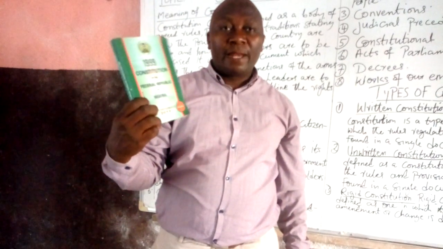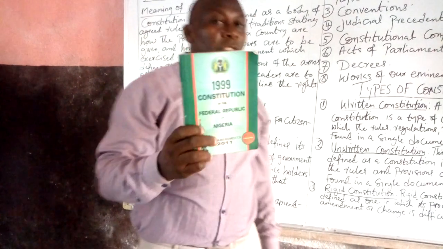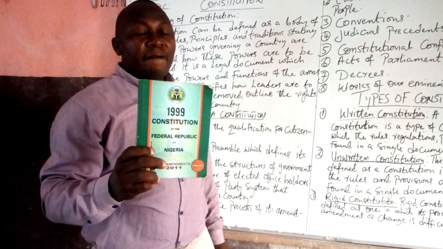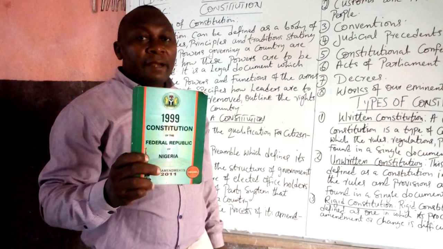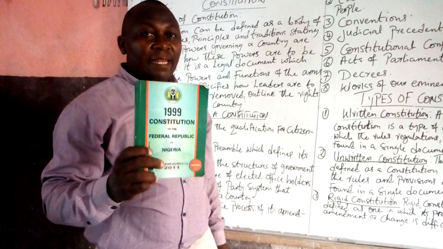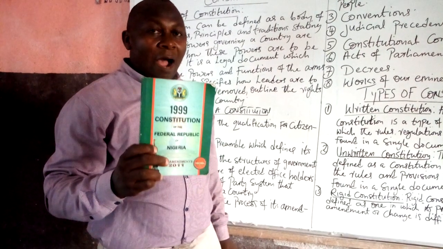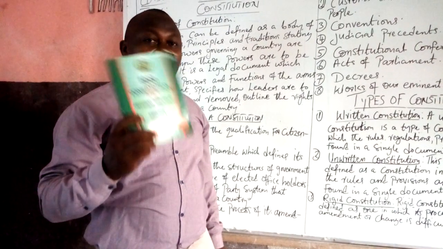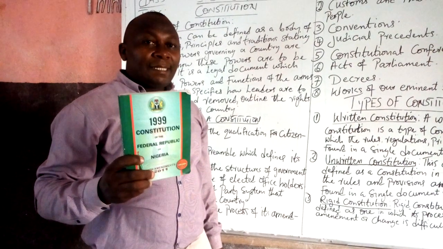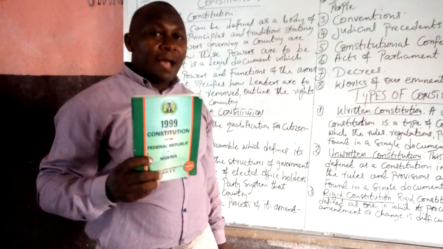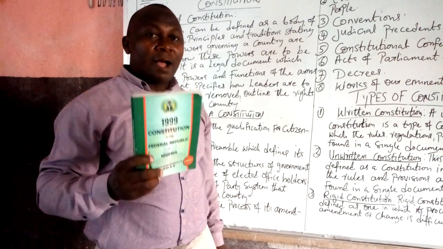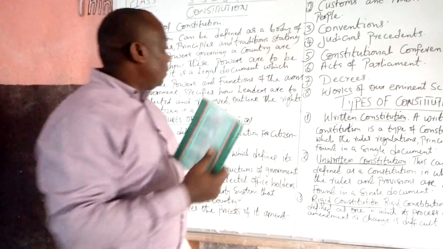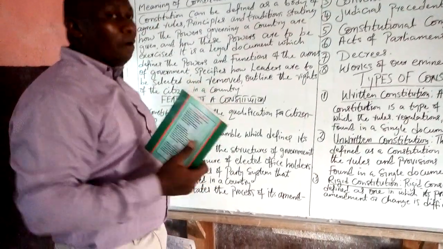It is amended in 2011. In this Constitution, all the powers of the elected leaders, the rights of the citizens, the limits of the powers of these elected leaders, and how they should exercise their powers are all enshrined. This is a legal document that states when a leader is arbitrarily using the power given to him by the people.